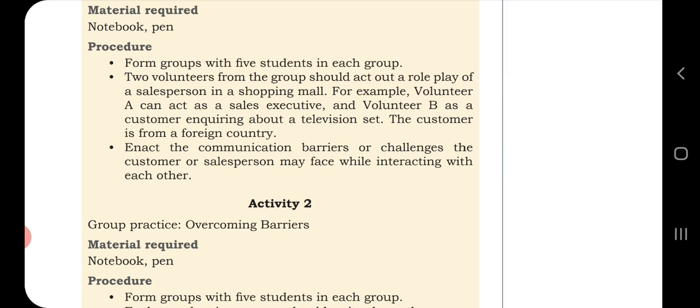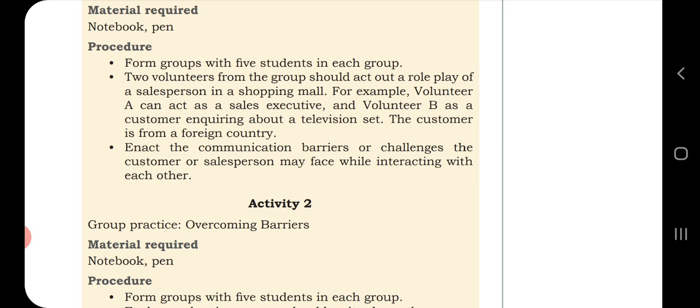For that purpose, you will make a voice note as I am sending you this lecture. In the same manner, you will switch on the recorder of your mobile phone and you will read out whatever conversation you have written. It should be about inquiry about a television set, TV set, and the customer is from a foreign country.